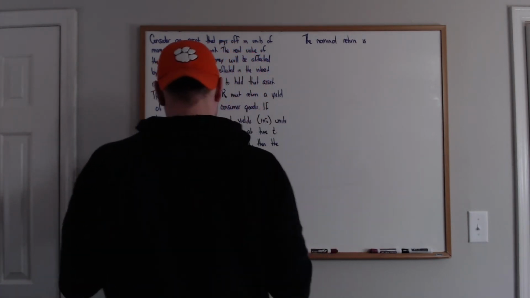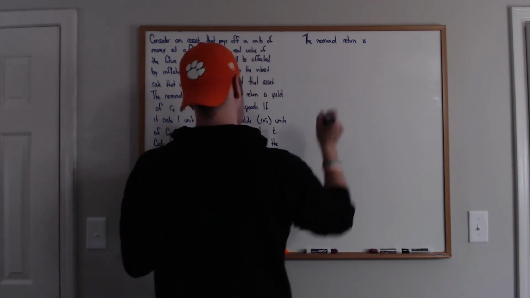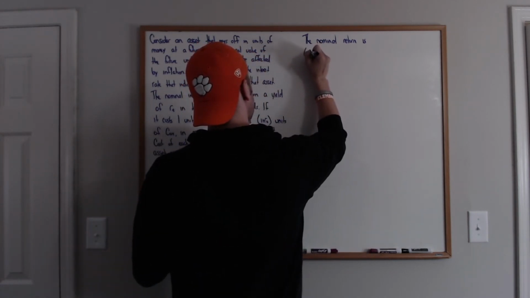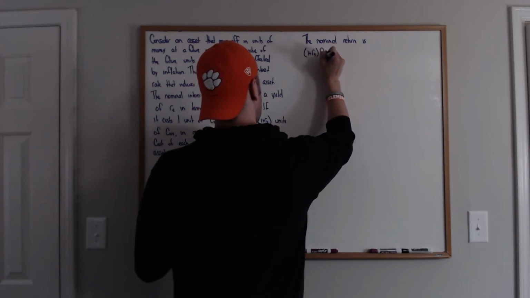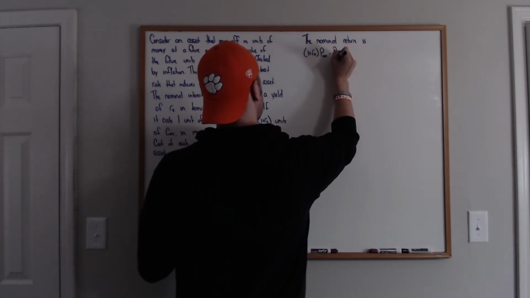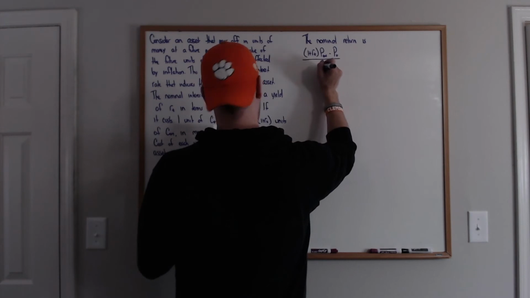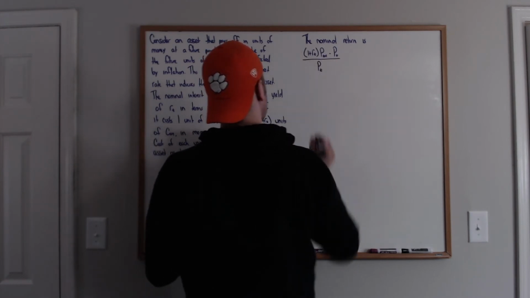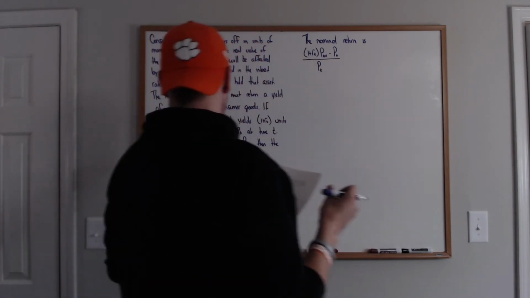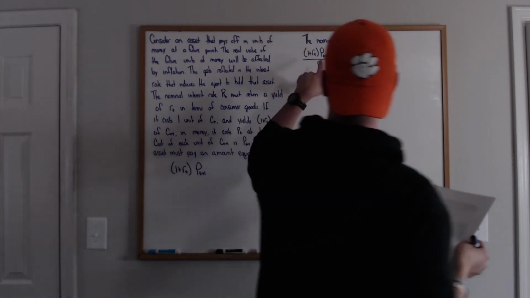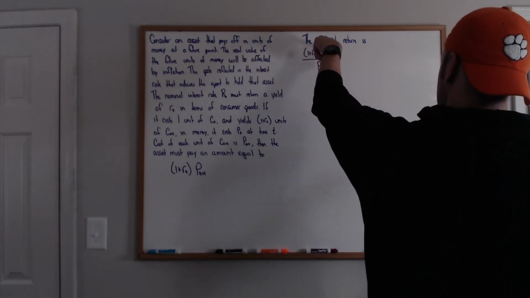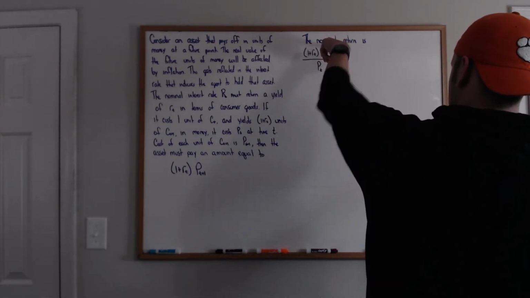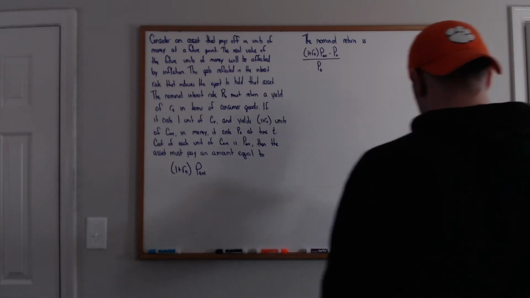So the nominal return on that asset is 1 plus r times (P_t+1 minus P_t) divided by P_t. All right, so it's really 1 plus the real rate of interest times tomorrow's price level minus the current price level over the current price level.